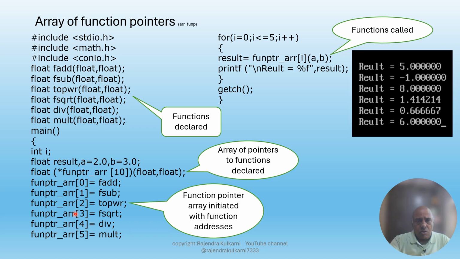Then the function call, and what we get is this screenshot. When i is equal to 0, the function that will be called is fadd, because that is the function the address of which has been assigned to element number 0 of this array. Then when i becomes 1, fsub will be called.